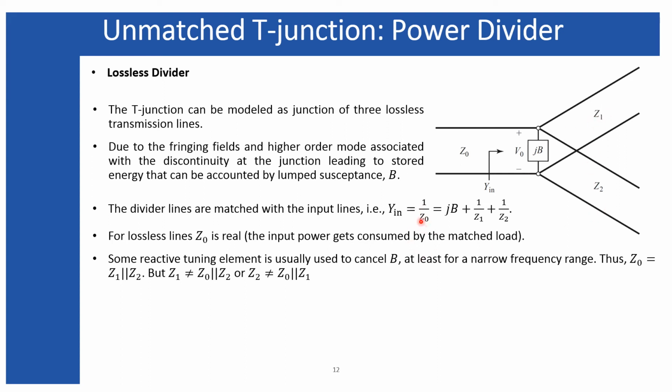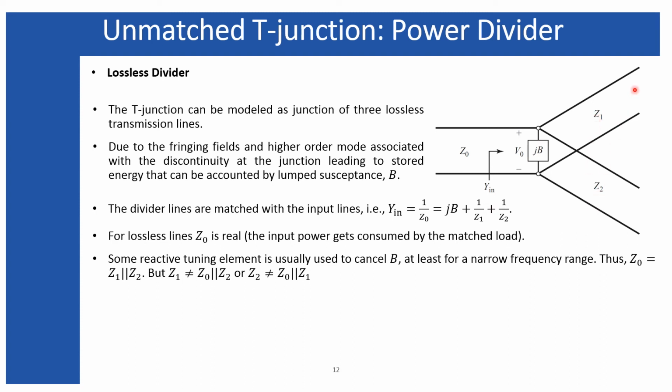And similarly, since we expect that Yin is equal to 1 by Z0, the input impedance must be matched with the characteristic impedance. So the input impedance is equal to the characteristic impedance, and in order to be matched, this must be the parallel combination of Z1 and Z2.